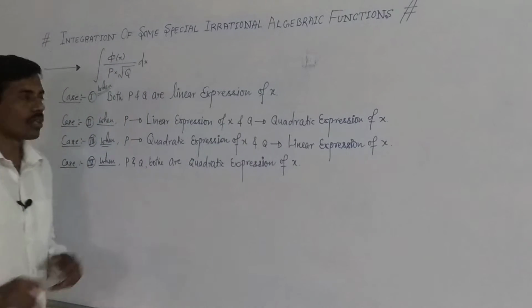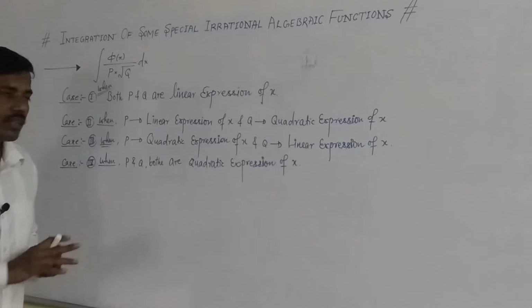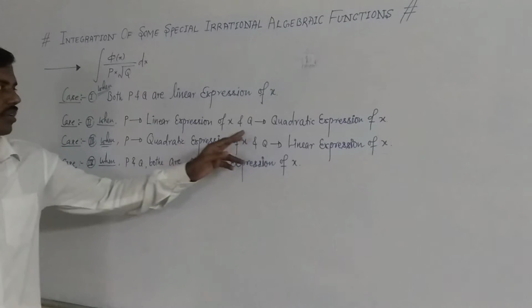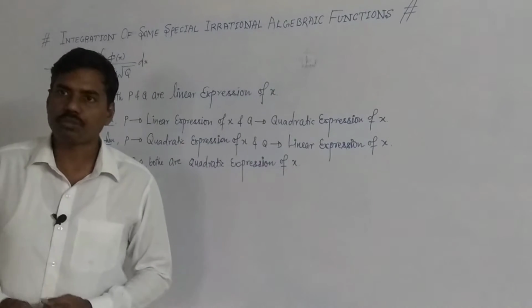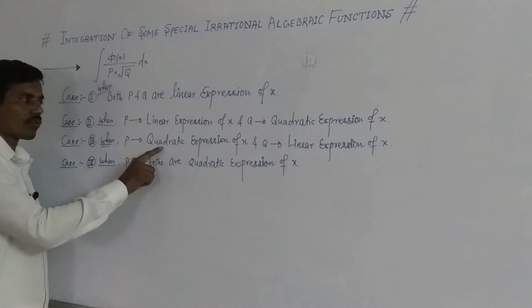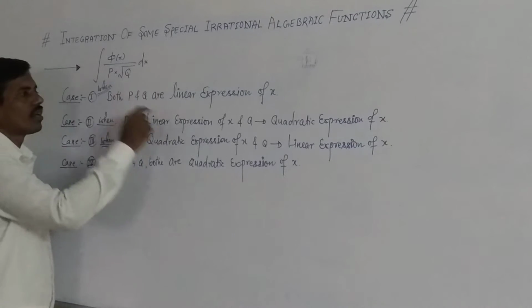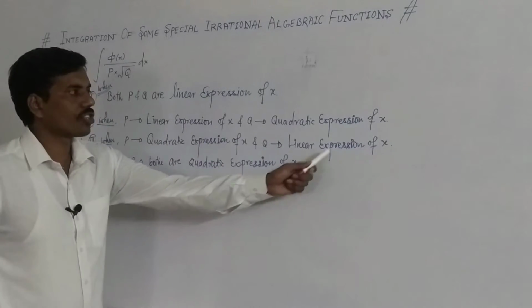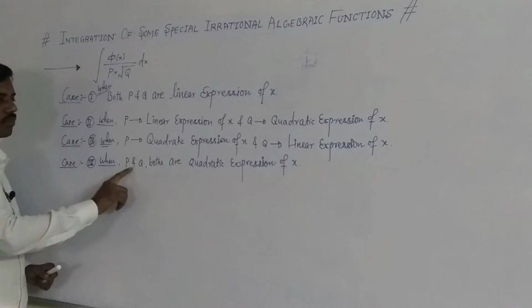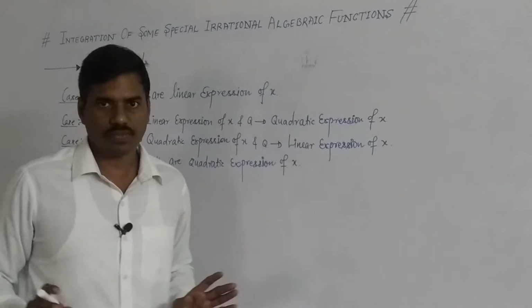In case first, both p and q are linear expressions of x. In case 2, p is a linear expression of x but q is a quadratic expression of x. In case 3, p is a quadratic expression and q is a linear expression of x. In case 4, both p and q are quadratic expressions of x.